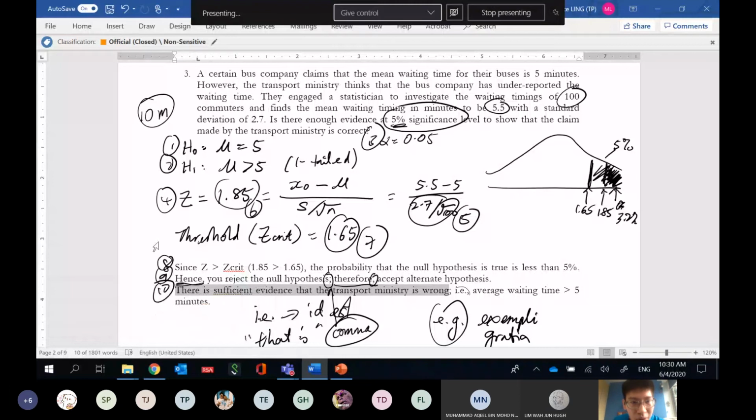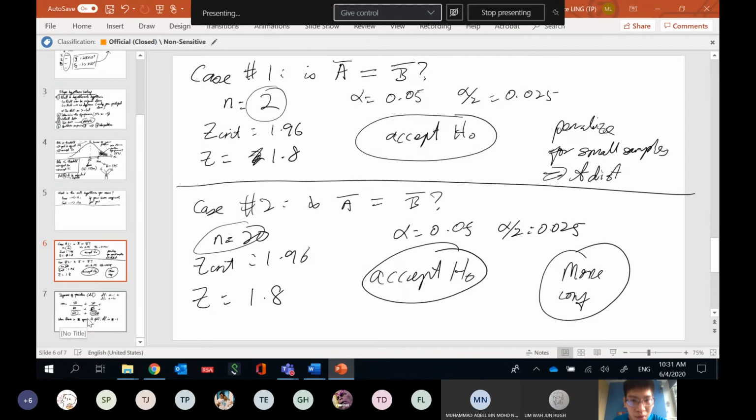Is it possible to leave out the part about x bar being approximately normal? You can, because this semester there is no paper exam, so you won't be asked to write out all this stuff. You can simply say that if the sample size is more than 30, you can use the z-test by the central limit theorem. That's all. You don't have to explain too much. That's fine.